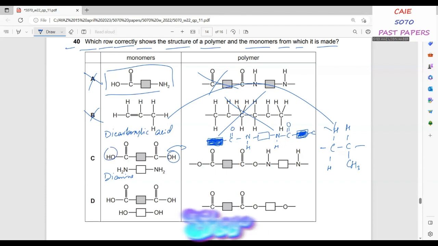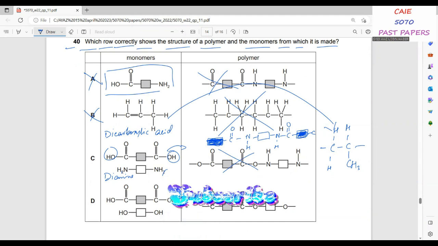So both OH from the dicarboxylic acid will be lost, and one H will be lost from each amine group. So this is wrong. We are left with D.